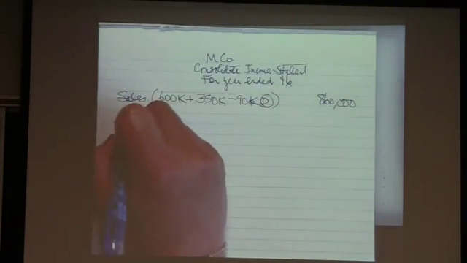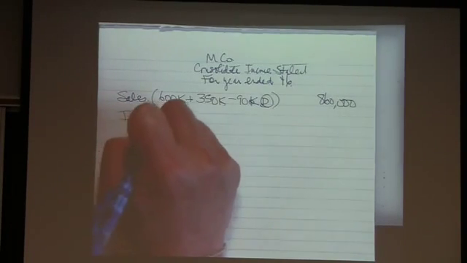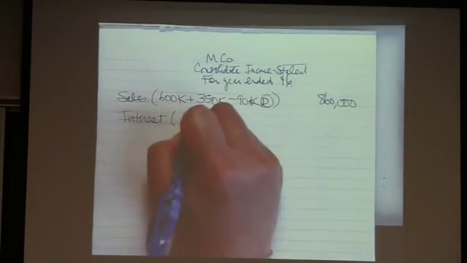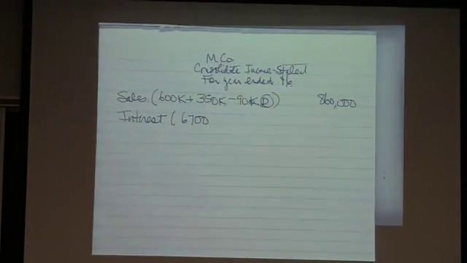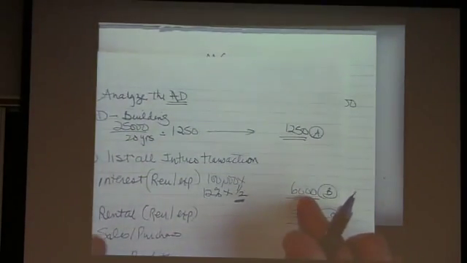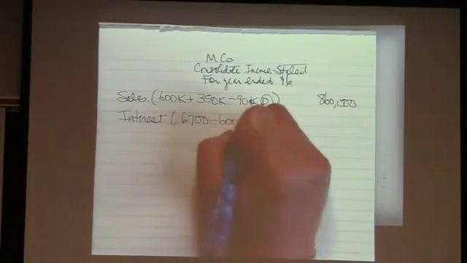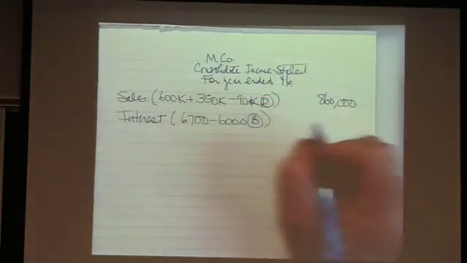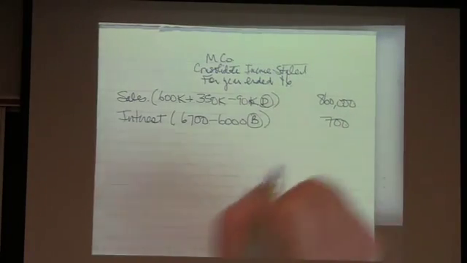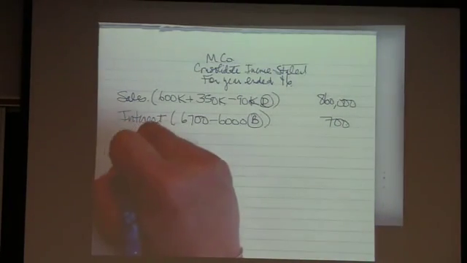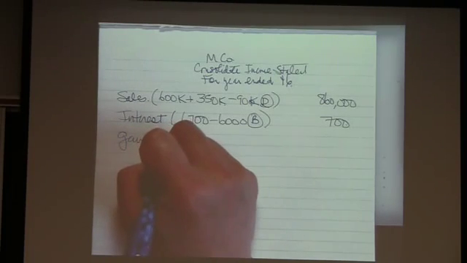Interest revenue was 6,700. And we're going to take away the 6,000. And that's 700. Gain on sale.